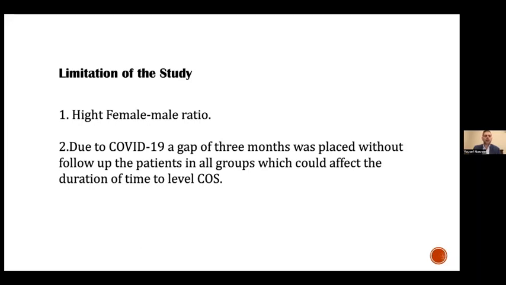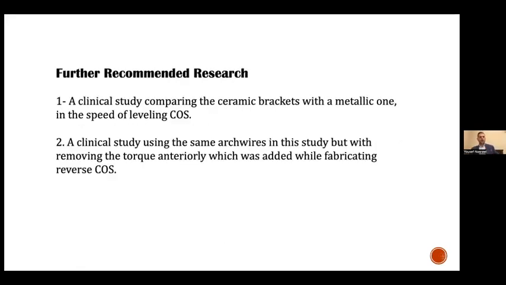And due to COVID-19, a gap of 3 months was placed without following up the patients in all groups, which could affect the duration of time to level the curve of Spee. As I mentioned before, there was a gap of 3 months due to COVID-19.